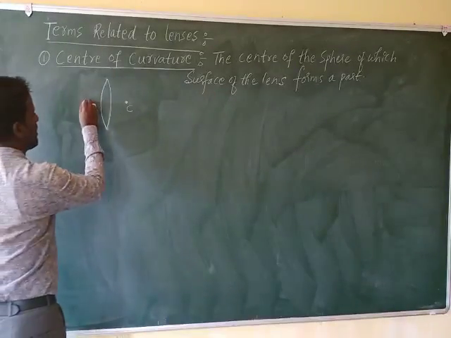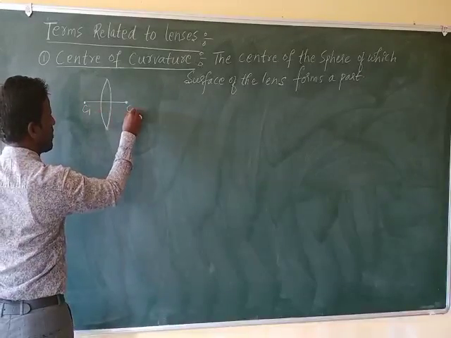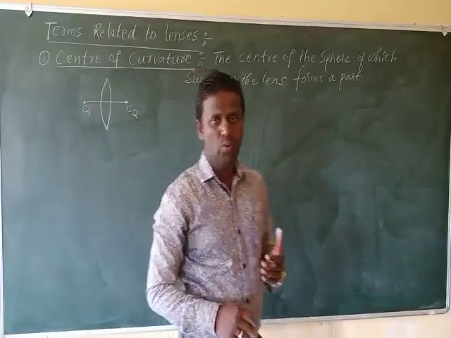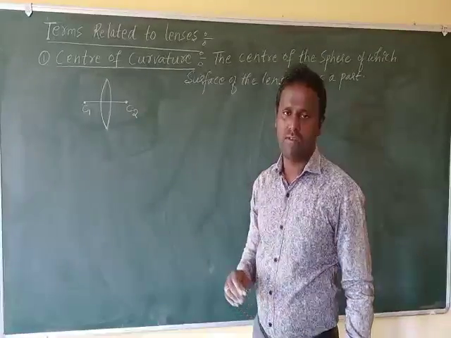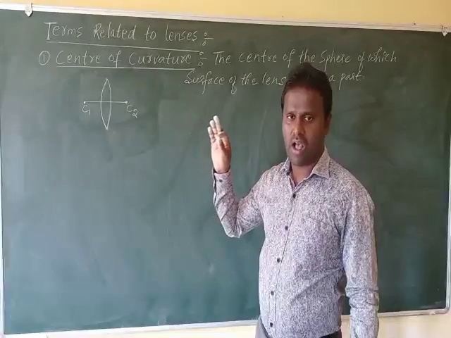So here, this is called C1, this is called C2, because a lens has two surfaces, so you can give two centers of curvature for the lens, either a convex lens or a concave lens.